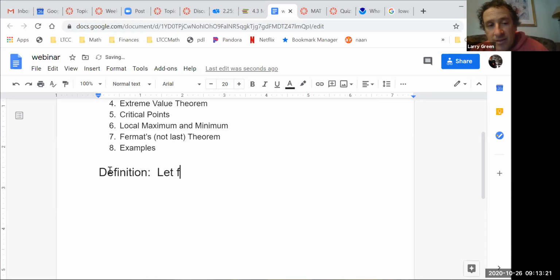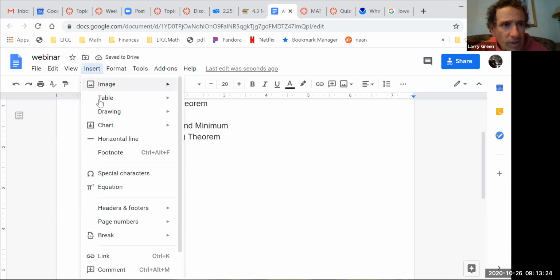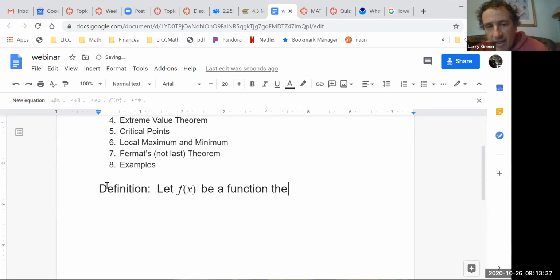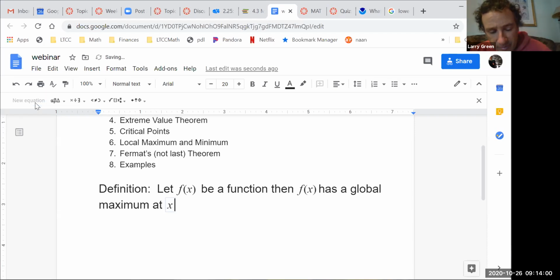So let f of x be a function, then f of x has a global maximum at x equals a if, what does it mean?